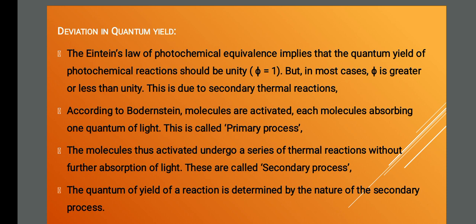So you should know what is called the primary reaction and what is called the secondary reaction. If you have to give the reason for the deviation of quantum yield, you say it is mainly because of the secondary reaction. Bodenstein, another scientist, found that molecules are activated and each molecule absorbs one quantum of light.